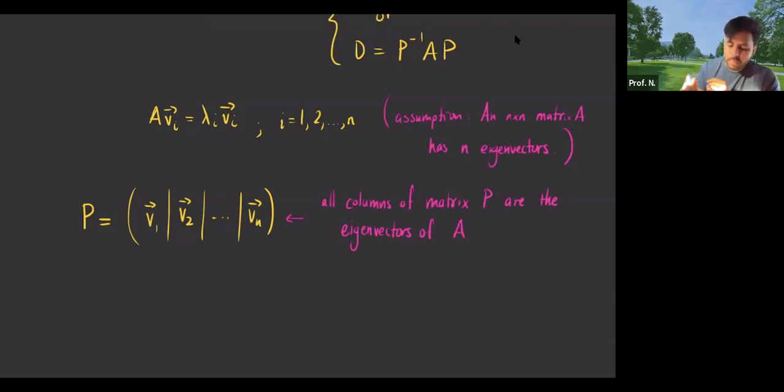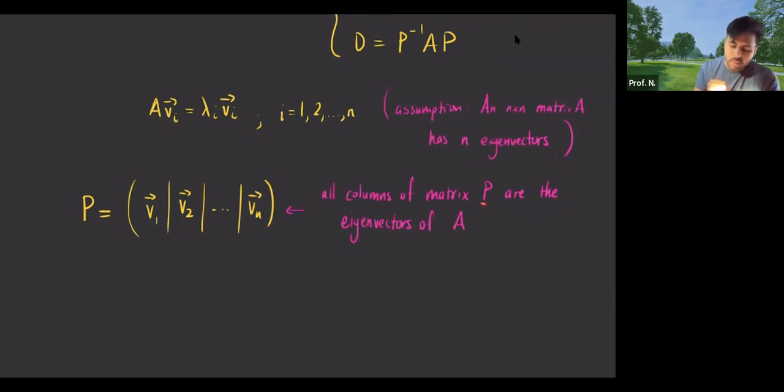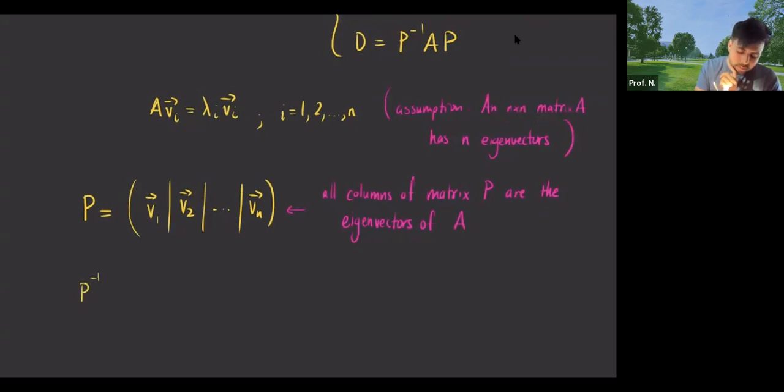So if you have a matrix that's n by n, where the n columns are linearly independent, then we know that P inverse exists, because P is an n by n matrix with n linearly independent columns.